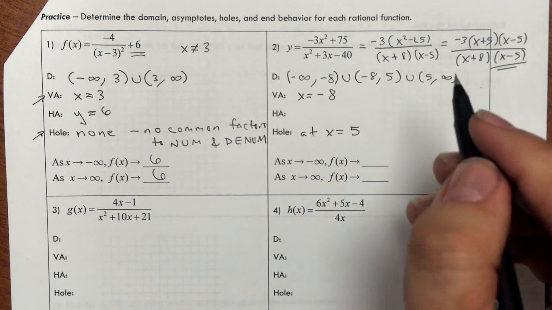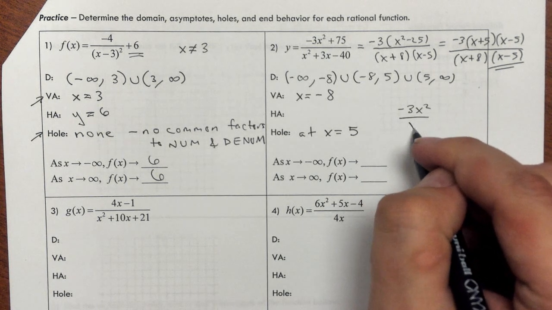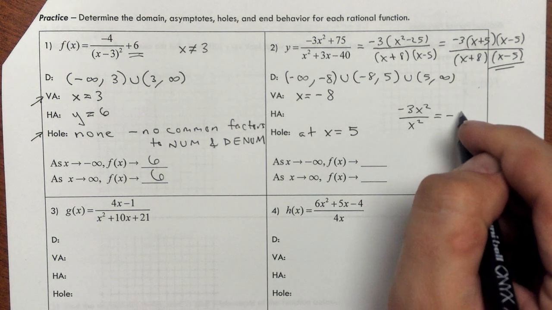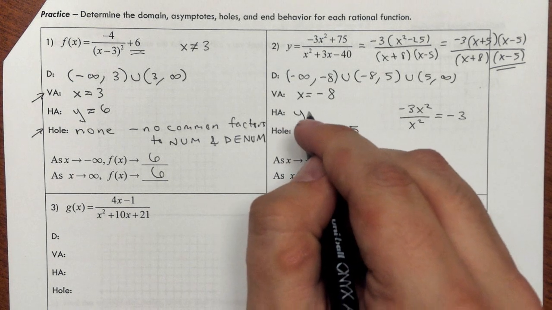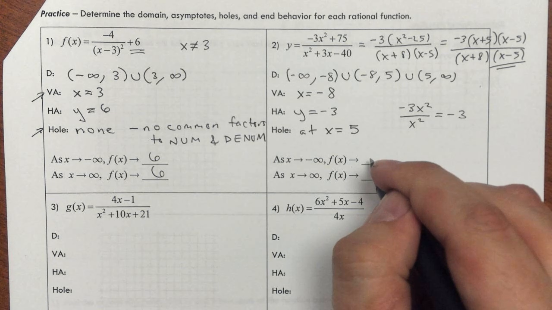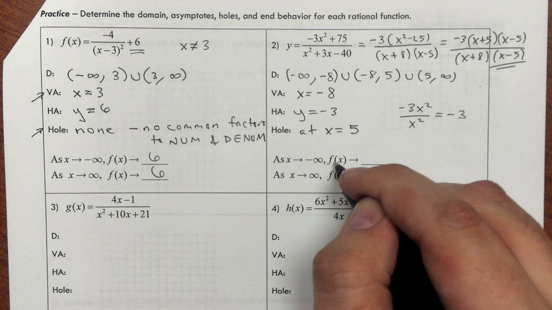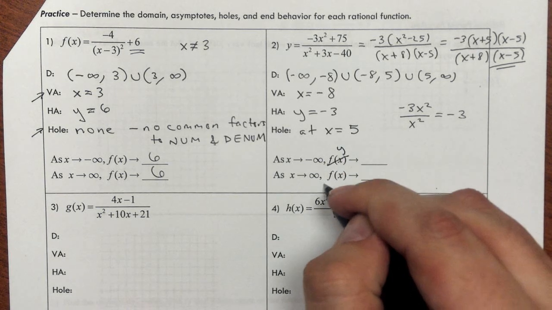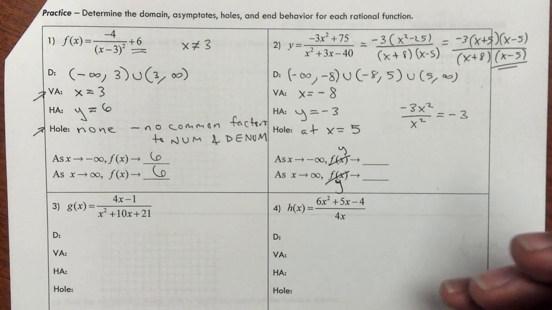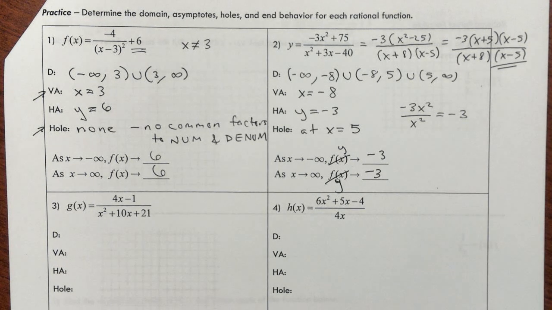For the horizontal asymptote, I know I want to compare the leading terms. I compare negative 3x squared and x squared and say, hey, that's basically negative 3. So my horizontal asymptote is y equals negative 3. As x approaches negative infinity, this should say y, not f of x, so forgive me on that. Both ends will approach the horizontal asymptote of negative 3.